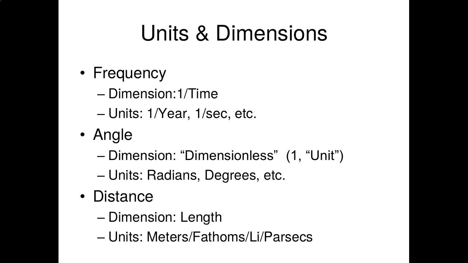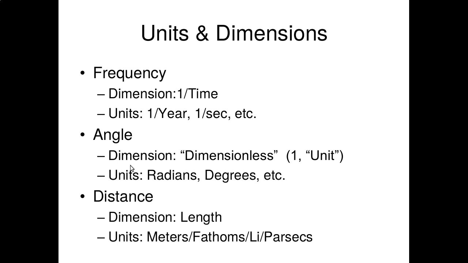So here are some examples of units and associated dimensions. So you might have a dimension of 1 over time. This is a measure of frequency, how quickly something happens. And its units might be 1 over year, 1 over second, etc. Distance, say it's of dimension length, but we could measure it in different ways.